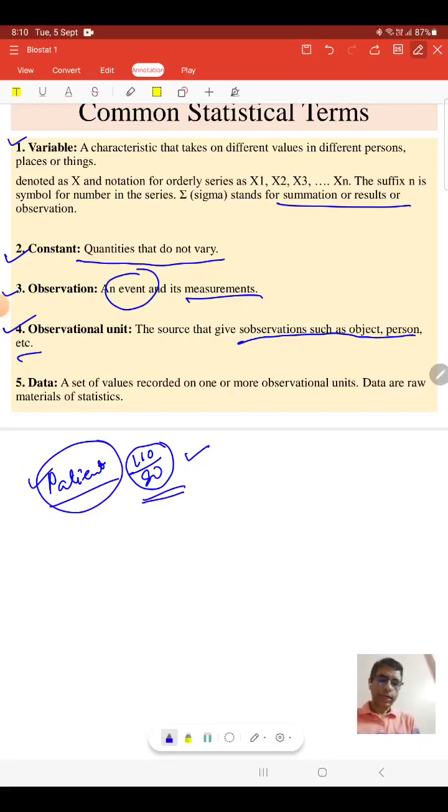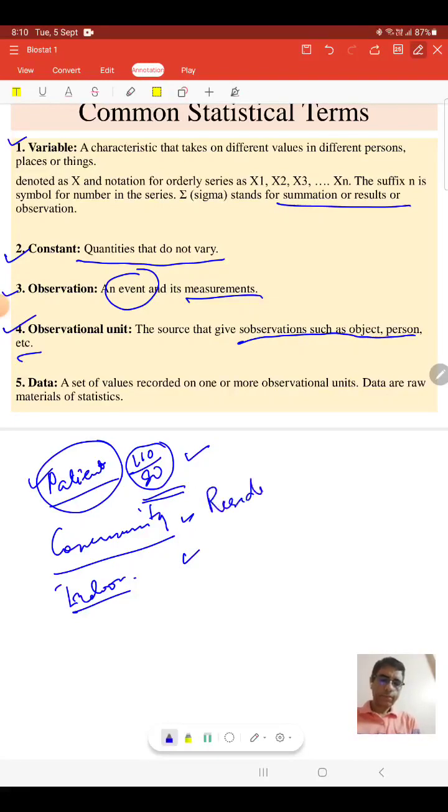When you do a study in a community, the residents are the observational units. In an indoor hospital setting, the patients from whom we are collecting the data are the observational units. What is data? A set of values recorded in one or more observational units. From these observational units we collect the information, which is nothing but data.